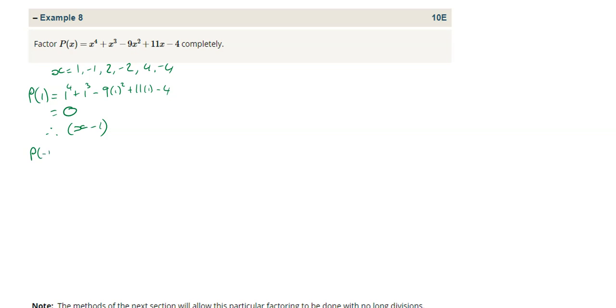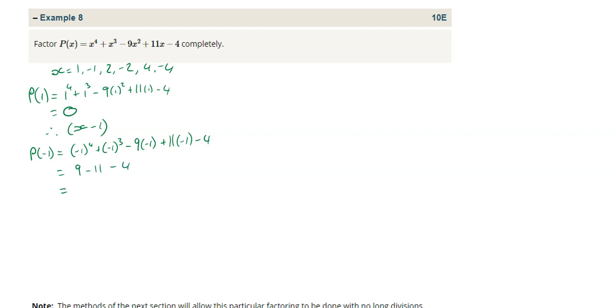So what's p of -1? So -1 to the 4 plus -1 to the 3. Well, those two are going to cancel out. Minus 9 times -1 plus 11 times -1 minus 4. So we get 9 minus 11 minus 4.